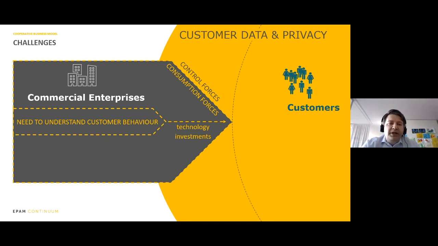So the companies naturally, for hundreds of years, invested into technologies in order to collect data and understand the customer behavior. And the basic force was, of course, to position the products and services on the markets for consumption.